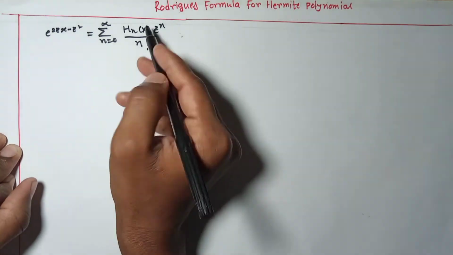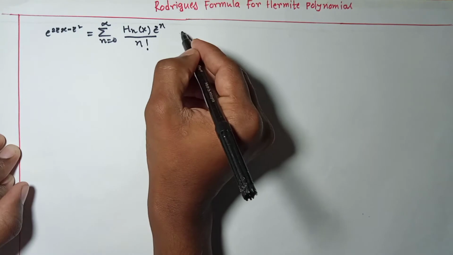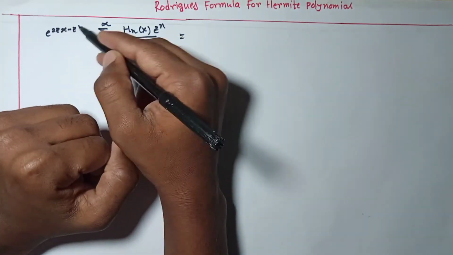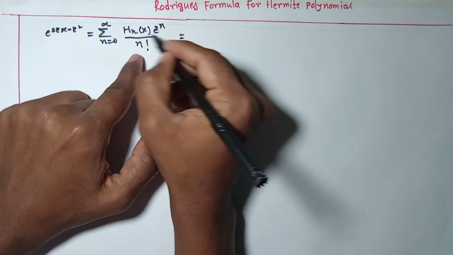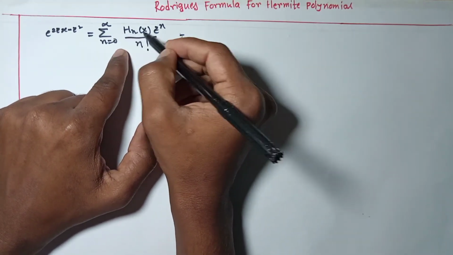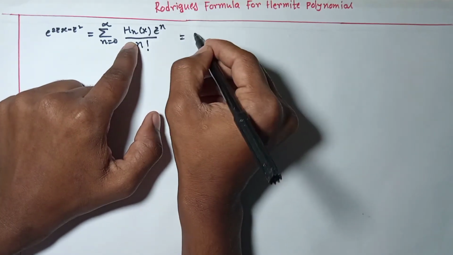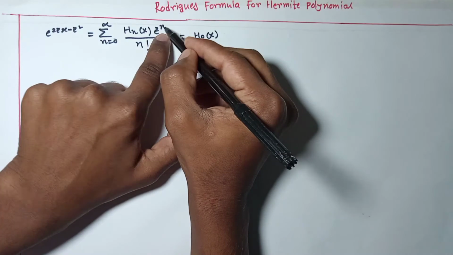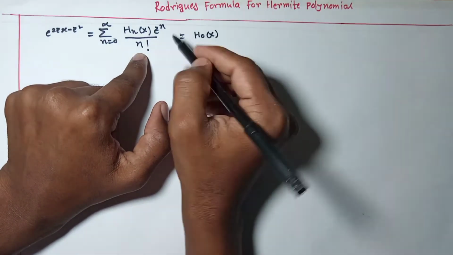We can expand this: e to the power 2zx minus z squared is equal to the sum over n from 0 to infinity. Applying this, we get H_0(x) z to the power 0, that is 1, since 0 factorial is 1.